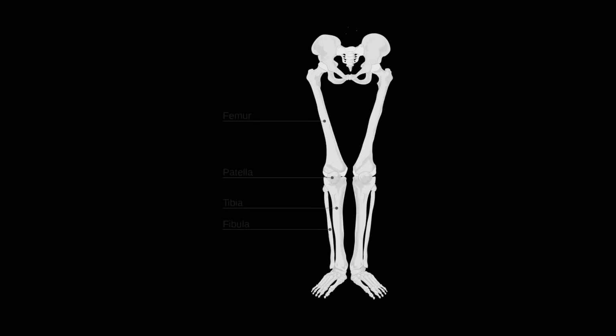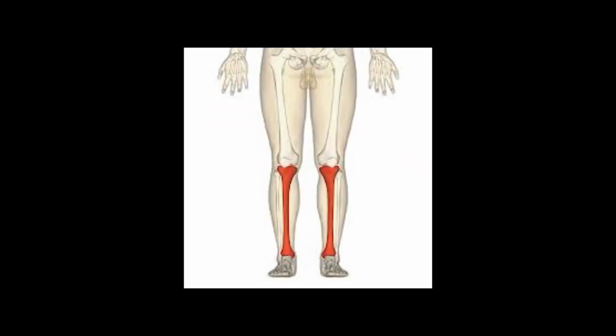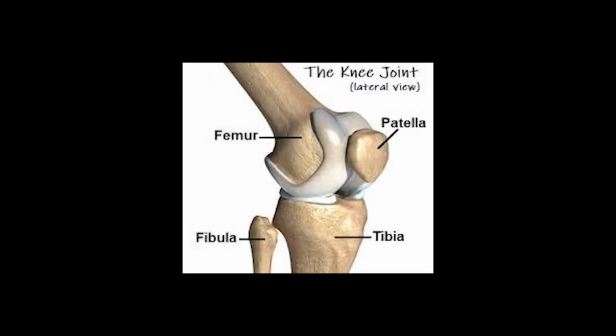Hind limb. The legs are called the hind limbs. The strongest and longest bones in the body are the leg bones. Each hind limb is made up of 4 bones. The femur, the tibia and the fibula are the 3 long bones.